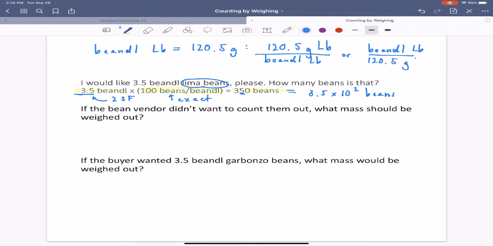Which way we decide to use this depends on which way we need to use it to solve the problem.